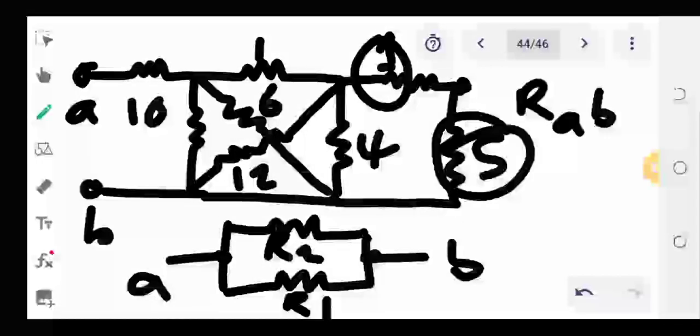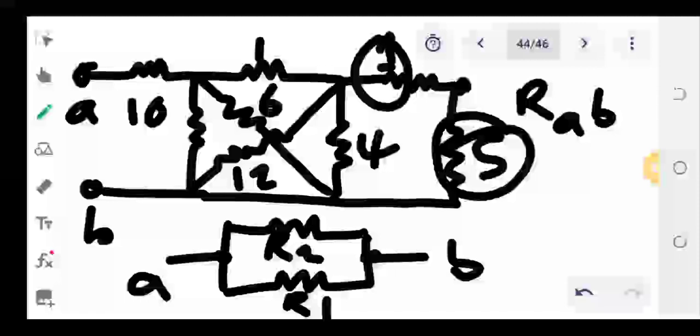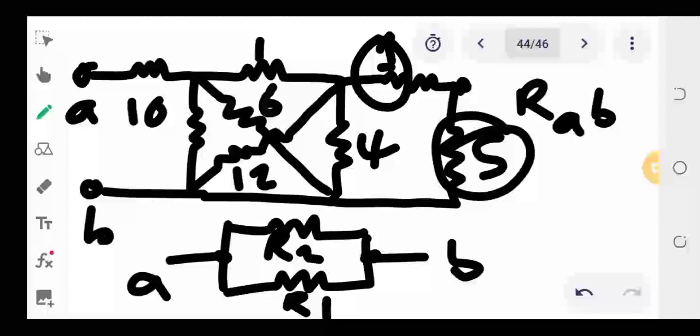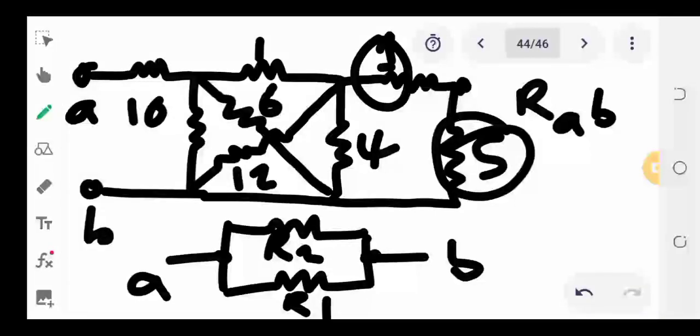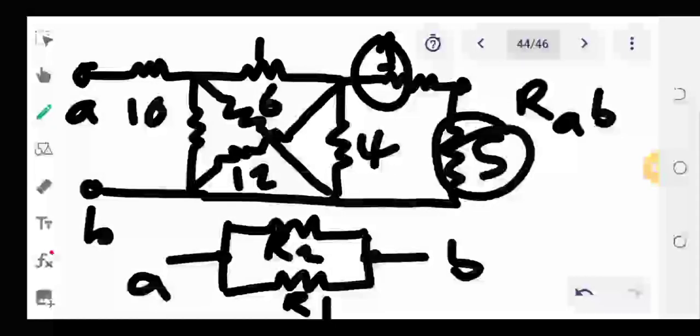Three branches can be connected at the same node. When we talk about a branch, we are talking about the circuit elements. These circuit elements include the resistors themselves, the inductors, the capacitors, and the like. So a point of connection between branches, we call it a node.